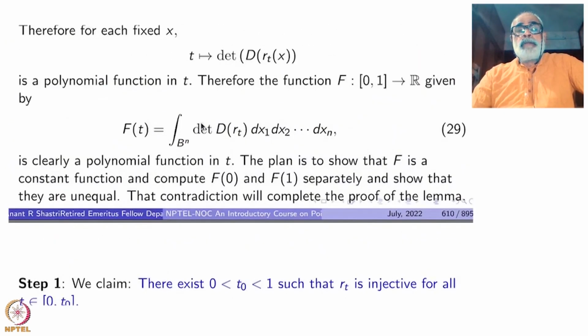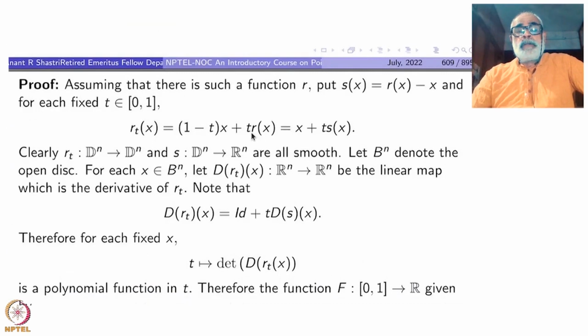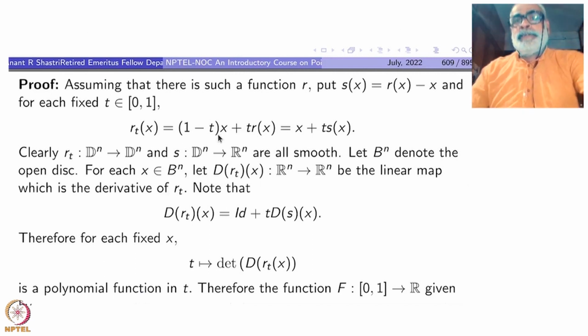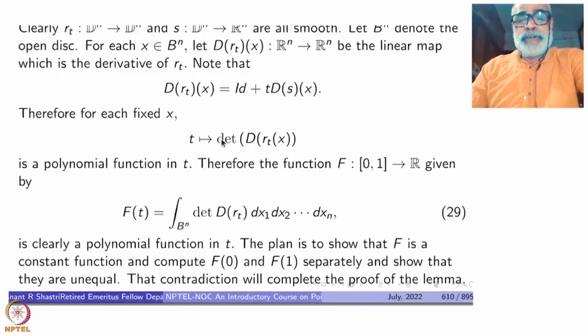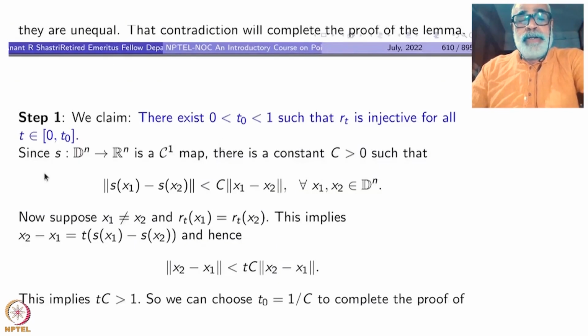Now, what is R0? R0 is just x. There you are lucky, it is injective. So we now say that there is an interval of positive length here in which Rt is injective.